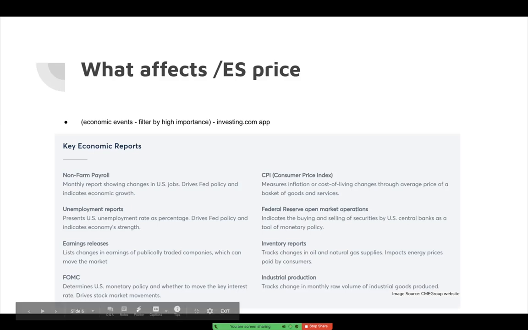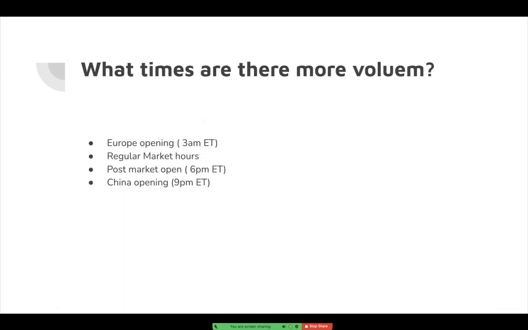What I would recommend is that if you install the investing.com app and filter by high importance, you can see what economic events at what times, and based on that, you can clearly see the price action changing according to the economic event results for this ES.